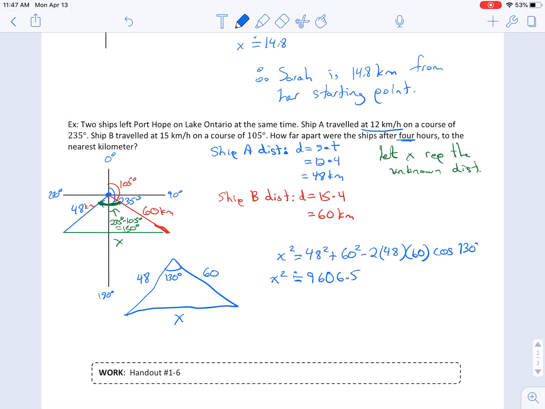The squared version is approximately 9,606.5, so the square root to the nearest kilometer is about 98. Therefore, the ships are 98 kilometers apart.